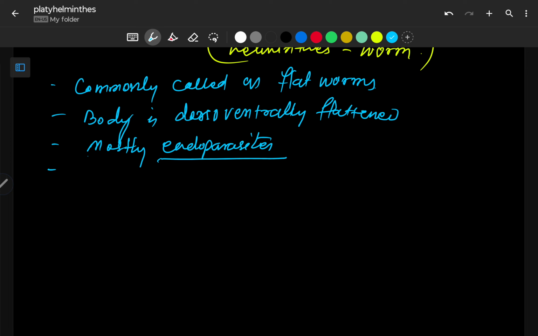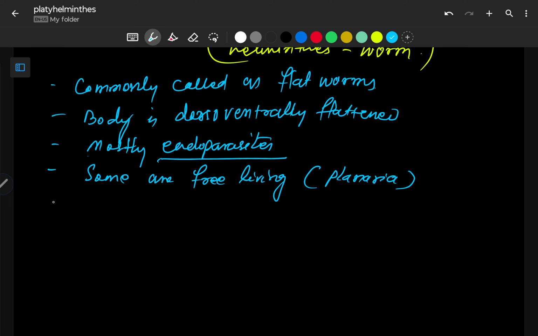Some of the organisms are free living. Example, planaria. You have studied about planaria, regeneration in planaria in class 10th.